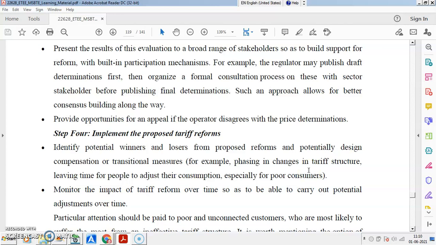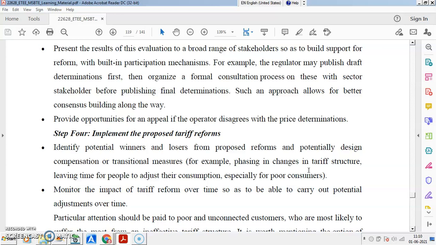Subsidies and all this you have considered, and that should be especially made known to the consumer, so that you are in a sufficiently safe space. Otherwise, once you have implemented the new tariff, you may have opposition from society.